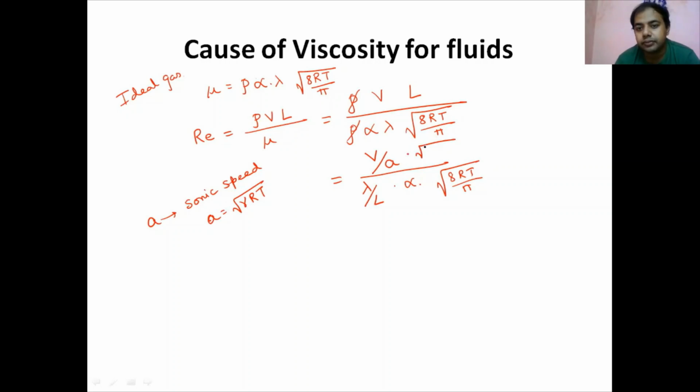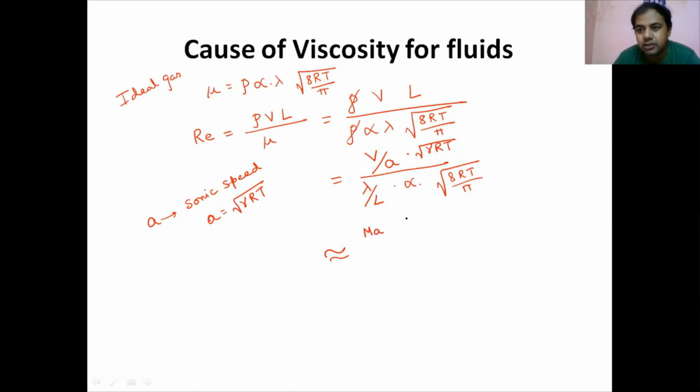So it is just a division and multiplication we have done here. We multiply with V and root gamma RT and divide by A. So the V by A term will give you the Mach number, because actual velocity by sonic velocity gives the Mach number.